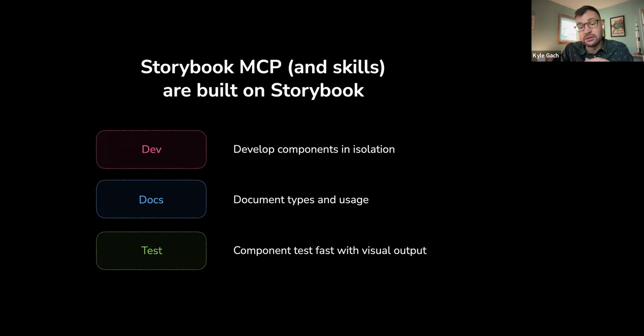And then the test pillar means the agent can component test what it builds to validate its work, as well as provide visual output because it's writing stories as it goes. Now, this webinar is just going to focus on the docs portion of what MCP can do, but I did want to provide a complete picture of what it does.